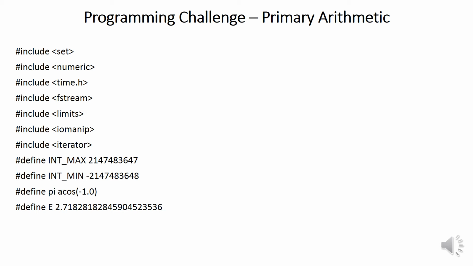Okay, INT_MAX, INT_MIN, pi, as well as e. Okay, so it is not compulsory to take all those include files. You only take iostream.h or the iostream file to include in your program and execute your program.